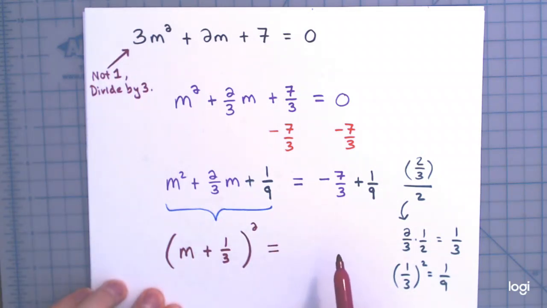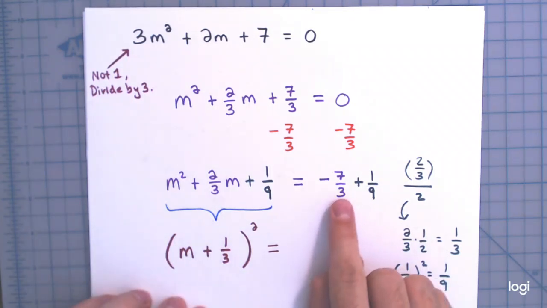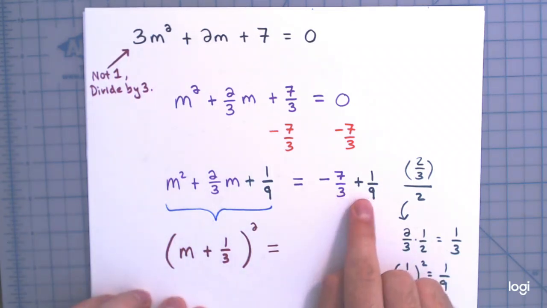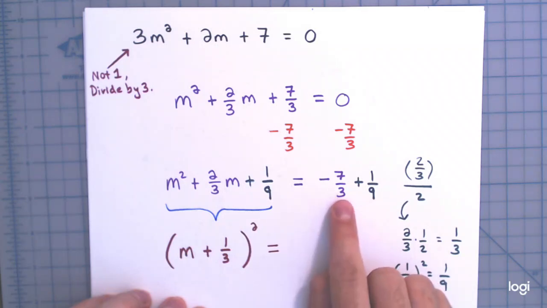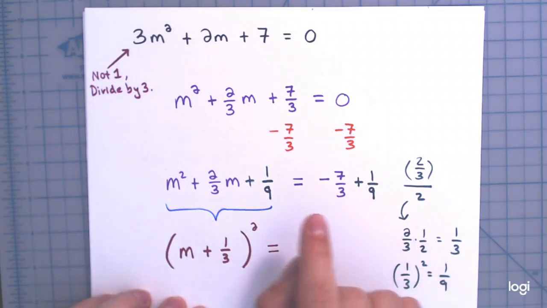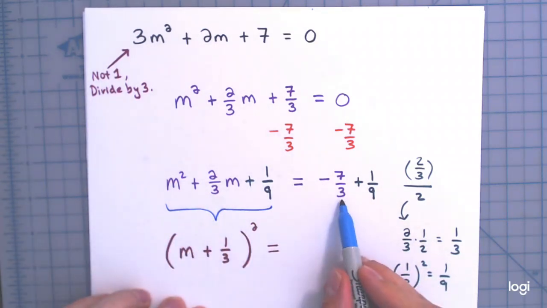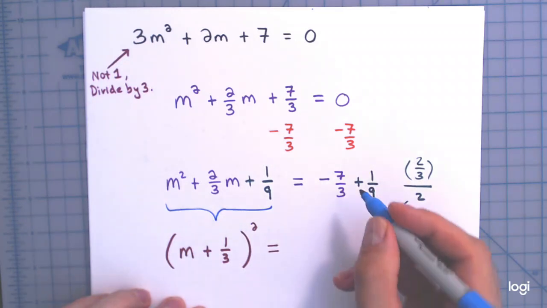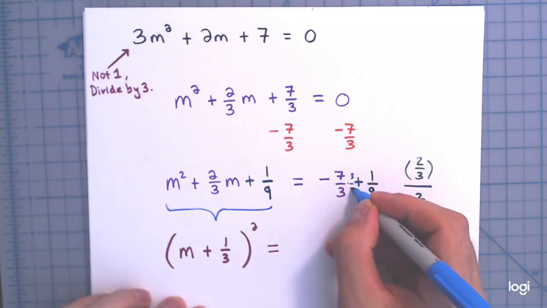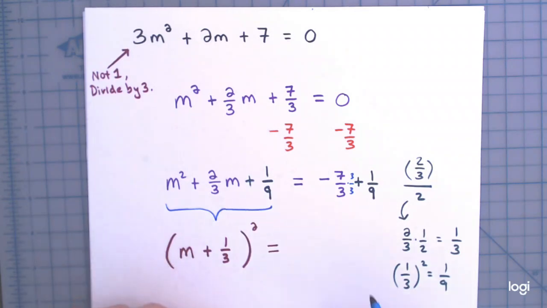Alright, and the other side, just as with the last example, I can't put these together right now. Negative 7/3 plus 1/9, when you add or subtract, you need the same denominator. So what's the least common multiple of the denominators? 3 and 9, that'd be 9. So I'll leave the 1/9 the way it is. I would multiply this fraction by 3 over 3, right, to get a denominator of 9.